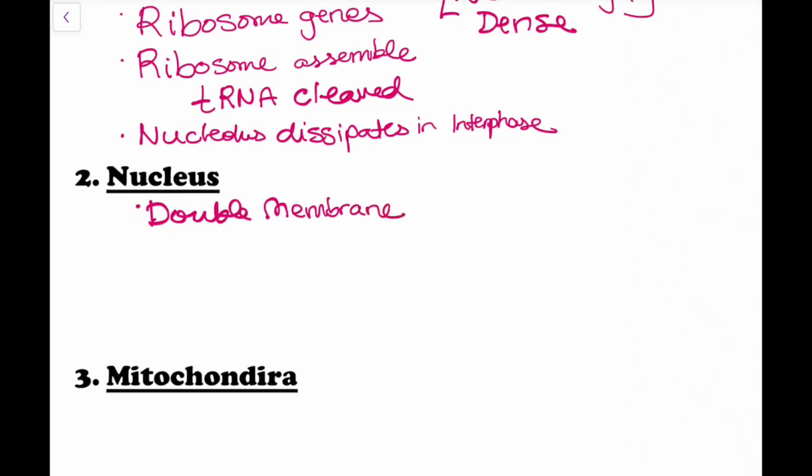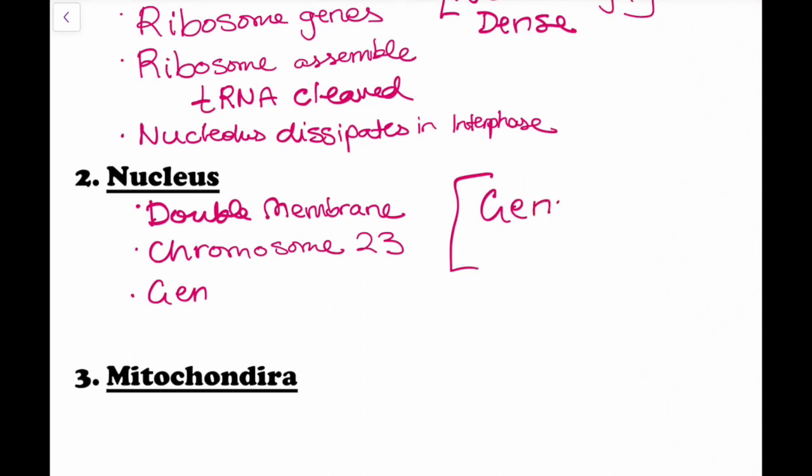Unlike the nucleolus, which is non-membrane, it has the chromosomes or genome, and includes that nucleolus with the ribosomes. Once again, double membrane, has the 23 chromosomes, so you have 22 autosomes and one sex, and then has a genome, basically. That's the big picture of nucleus, and does DNA, RNA synthesis.